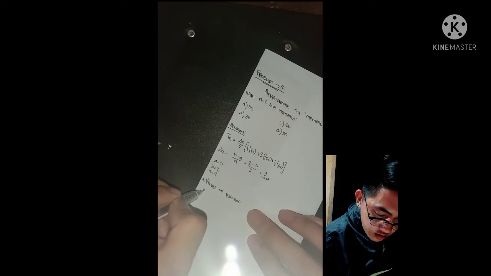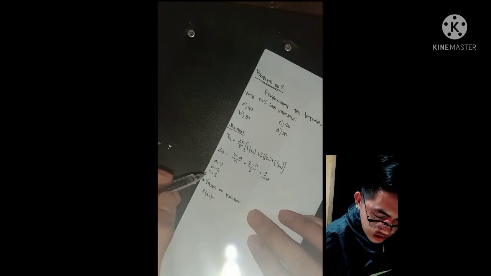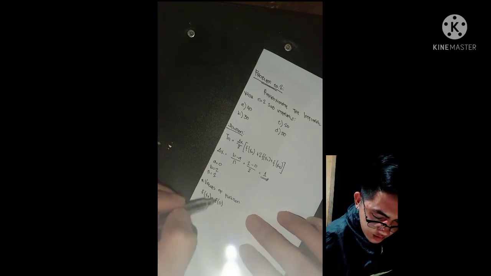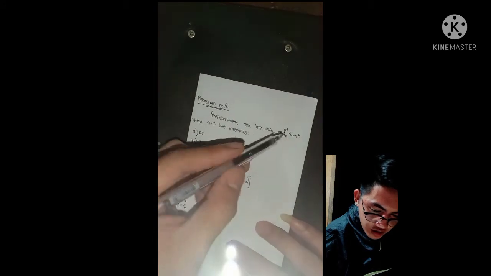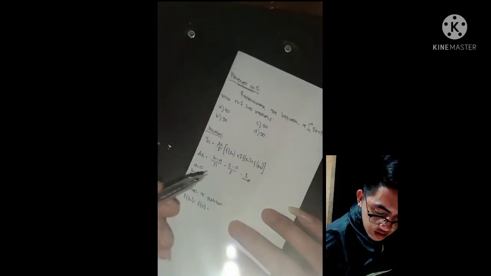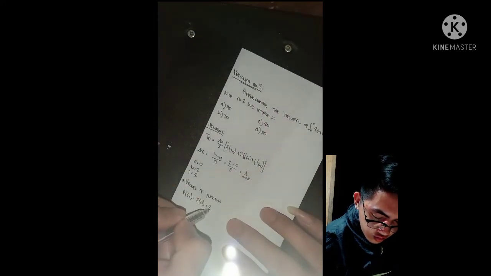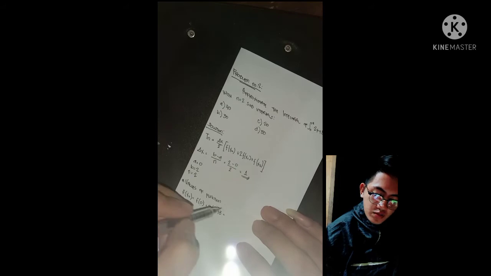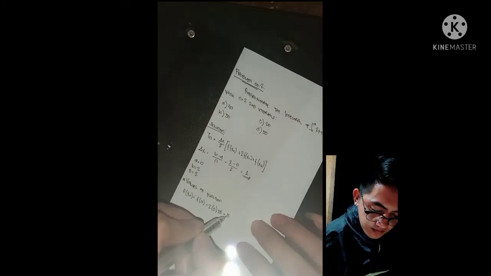Our function of x sub 0, which is the function of 0, since our equation is 2x plus 8, is 2 times 0 plus 8. 2 times 0 is 0, plus 8 is equal to 8.